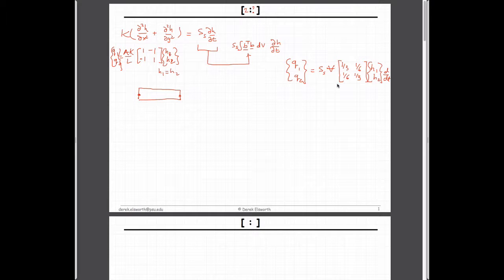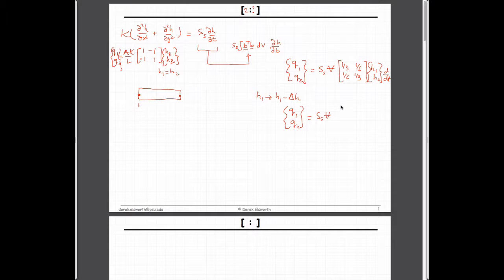And so the physical meaning of this, you can think of this as, say we change the head at node 1. What does that mean? So if H1 goes to H1 minus delta H, some small change. So this is node 1. What does this physically mean? It means that we'll get a flux coming out of the system, and that flux will be equal to whatever this coefficient is, this volume.